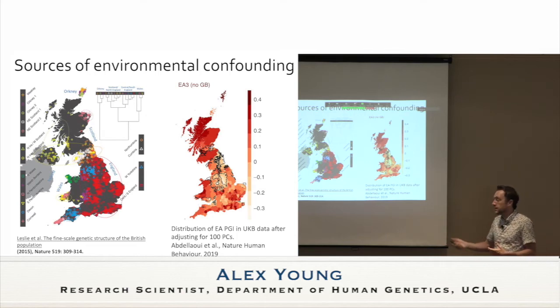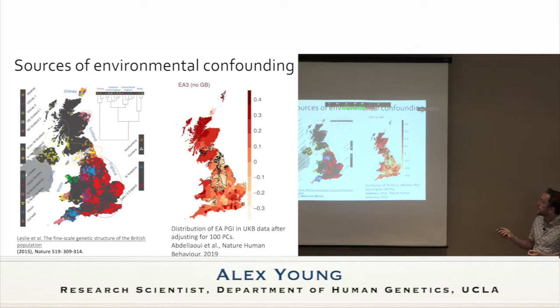That's the argument they make anyway, that these haplotype-based methods are much better at detecting the genetic structure in the population. And what I'm showing here as a point of comparison is from this paper by Abdellaoui et al. in 2019. They got a lot of media attention, and in that they show this spatial distribution of the educational attainment polygenic index in the UK Biobank, and they make an argument.